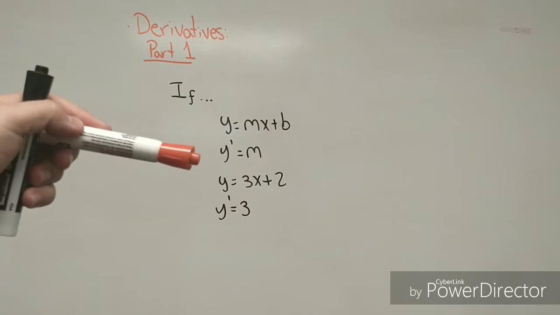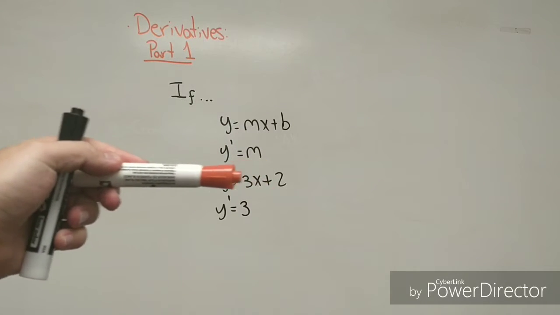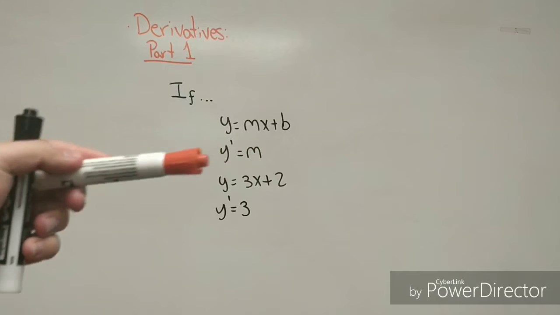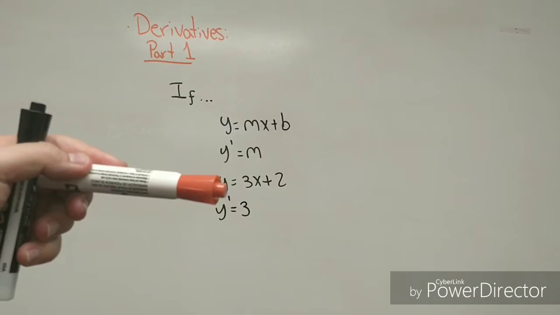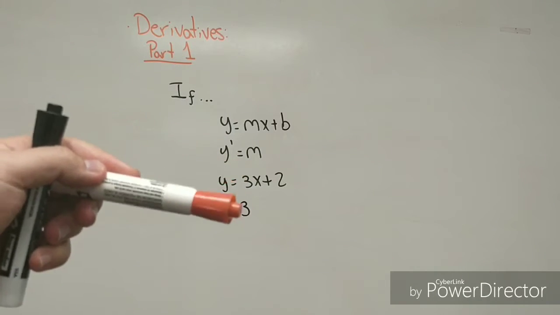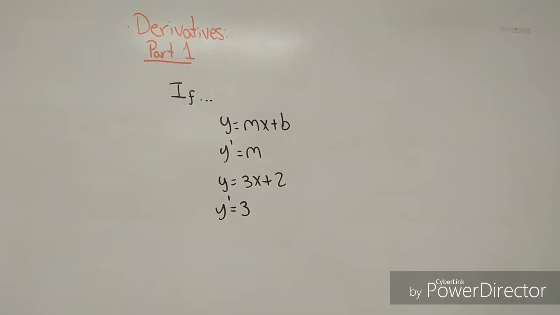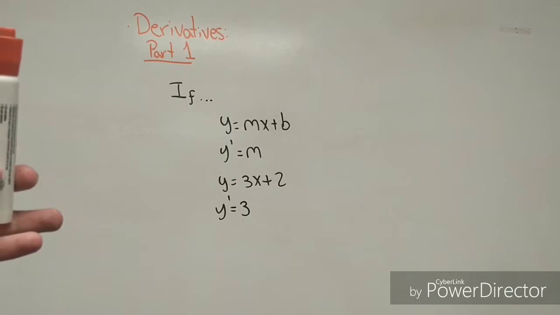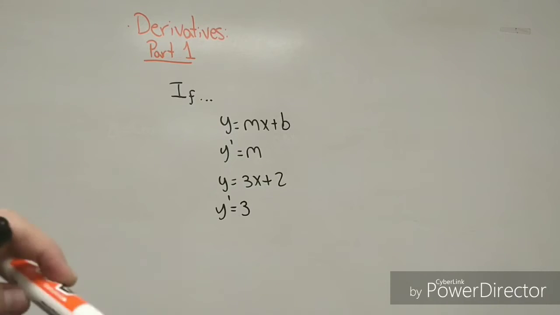So for example, in this line, y equals 3x plus 2, the derivative is 3, which is the slope, which is at the same time the change between the y-axis and the x-axis, sorry.